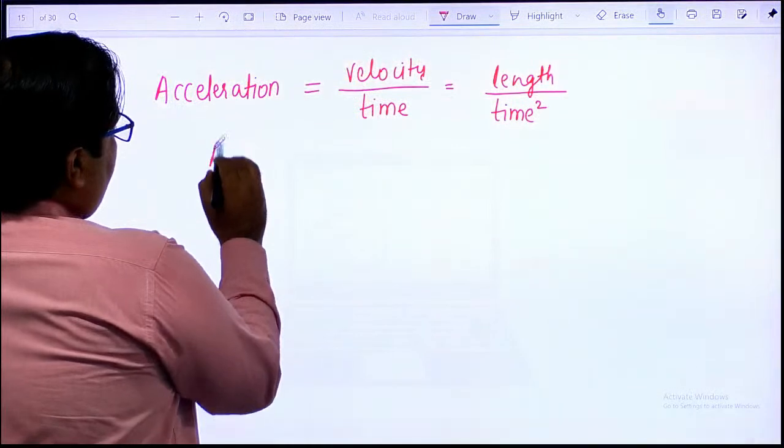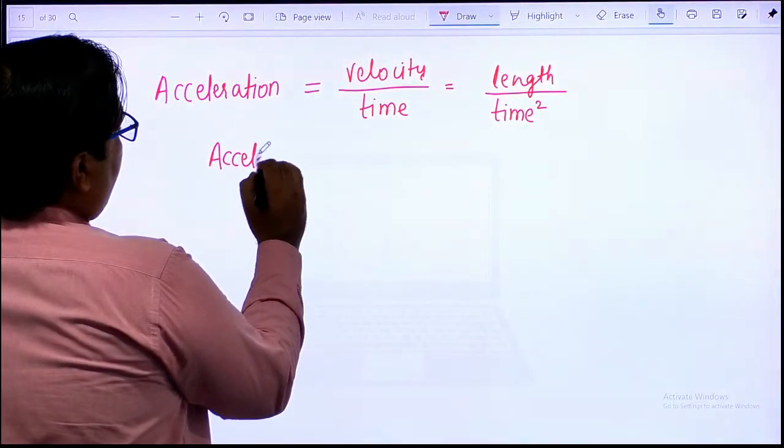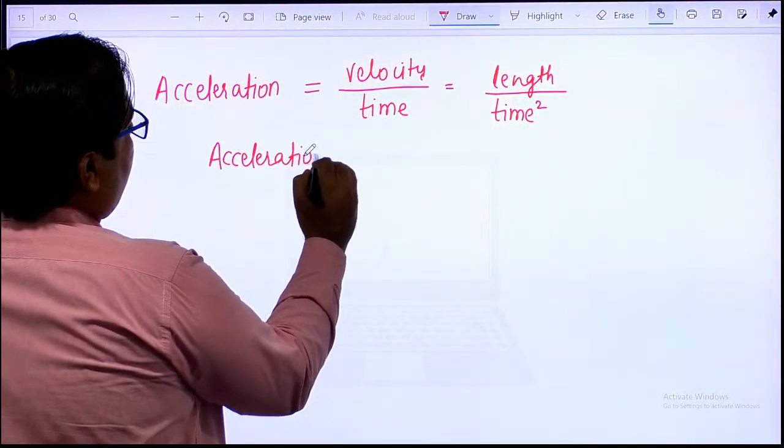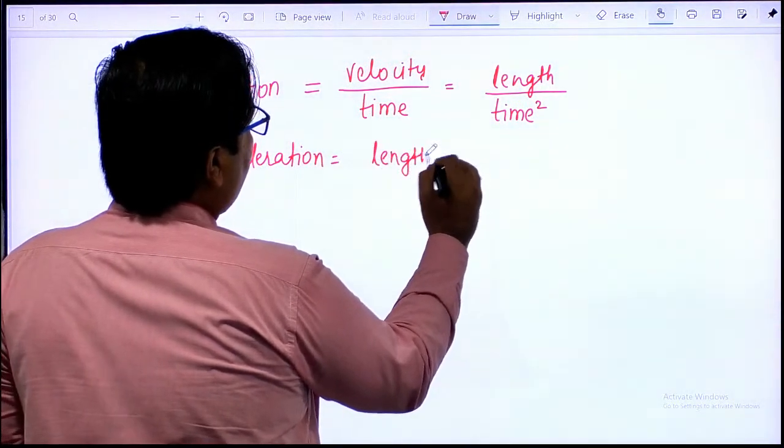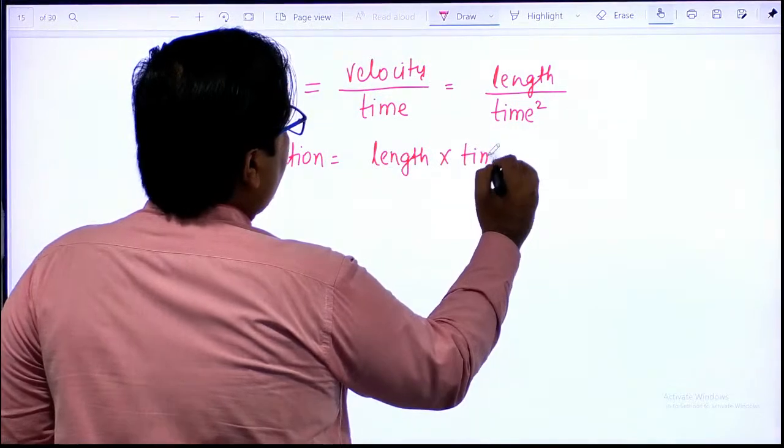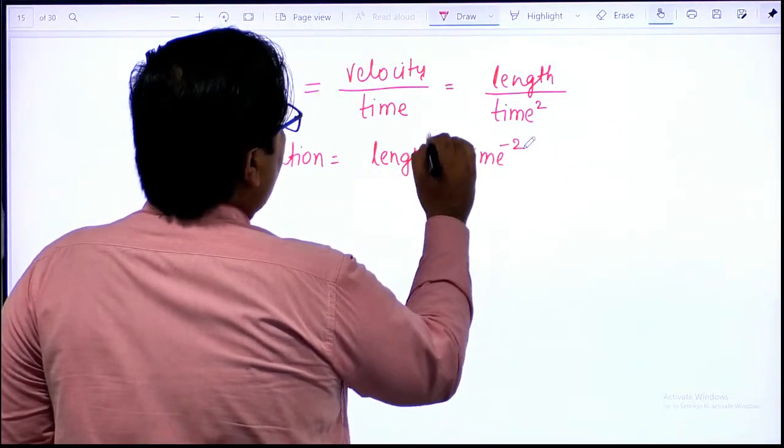So acceleration is length into time to the power -2.